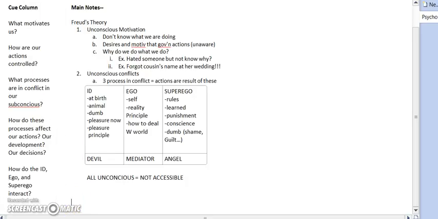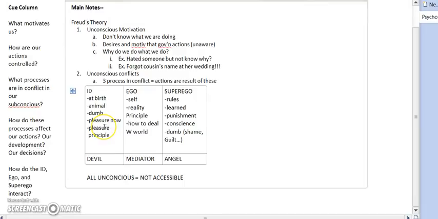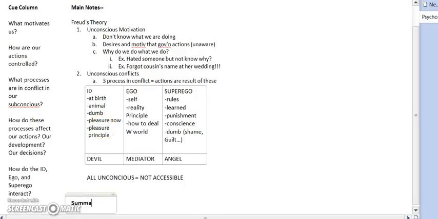Now let's go through and create our summary column.